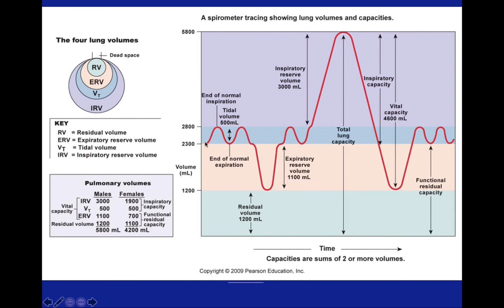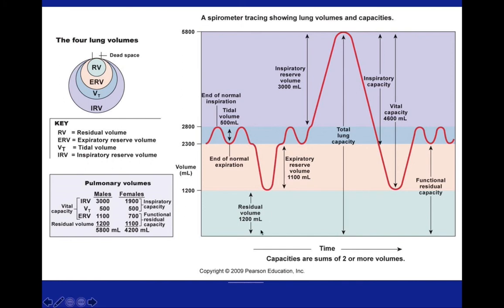Now you can see that it's the tidal volume that's naturally exchanged at normal breathing. This is about 500 milliliters worth of air. Both men and women will have a tidal volume of about 500 milliliters. And we'll see down here the differences in these volumes between males and females. The expiratory reserve volume is the amount of volume that can be forcefully exhaled past the tidal volume.